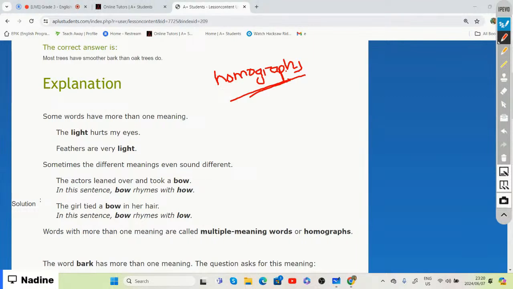So, yes, the word is spelled the same way, but they have different meanings.